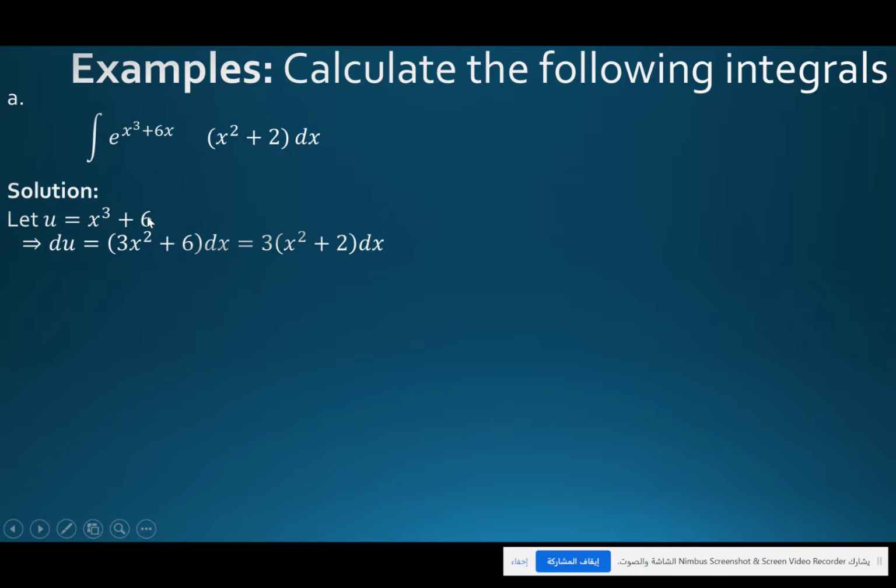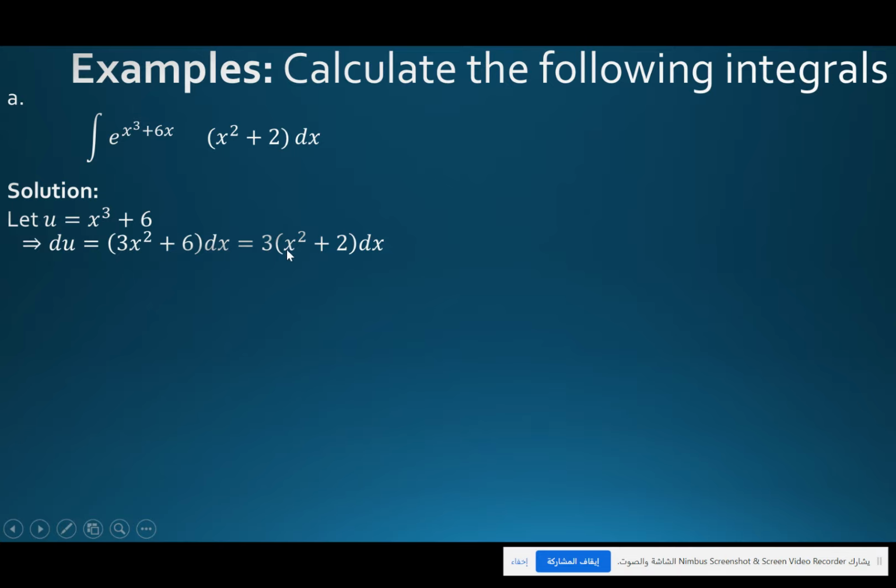Now you are going to derive it. Derive each like that. You will have du equals the power goes down, reduce it, and for 6x, its derivative is 6 in terms of x. Now take this 3 as a common factor.